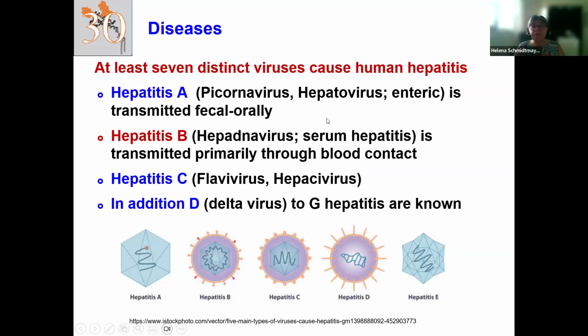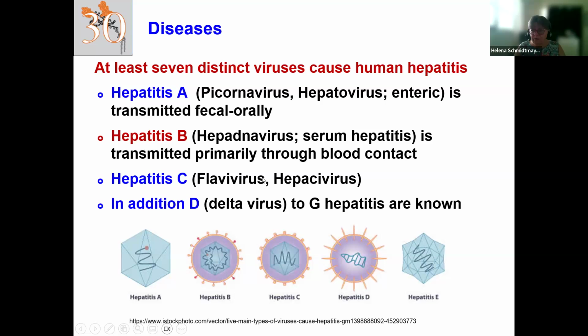It is the so-called infectious hepatitis, which is transmitted via contaminated food, water, through the fecal-oral transmission route. Hepatitis A does not usually cause chronic infection.